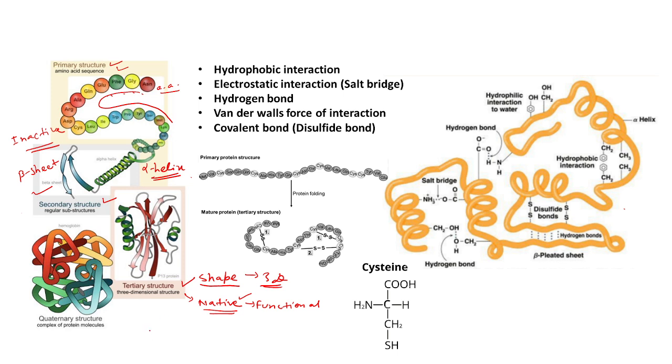For example, the pepsin. The pepsin is an enzyme, a protein present in the stomach. Its main function is to hydrolyze the protein. Only if the pepsin is present in the tertiary structure is it called the native or functional protein.